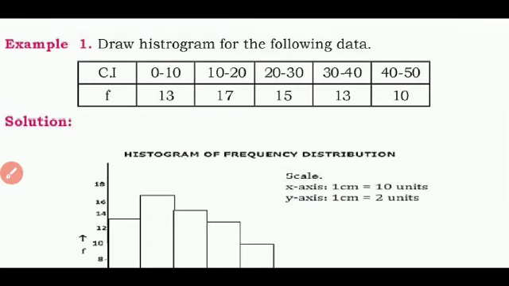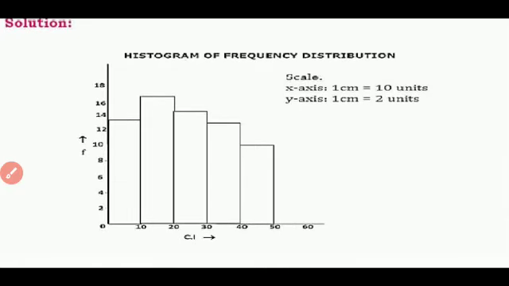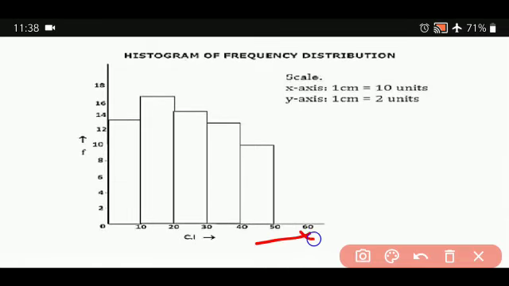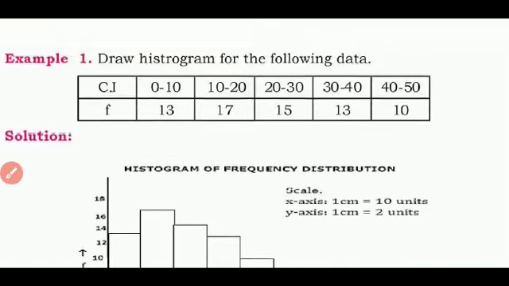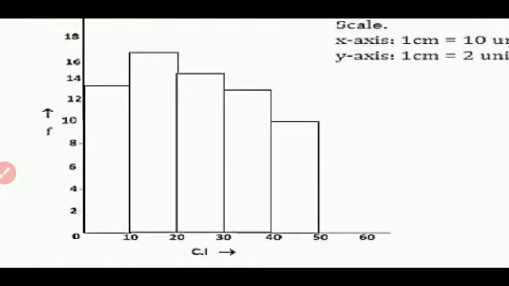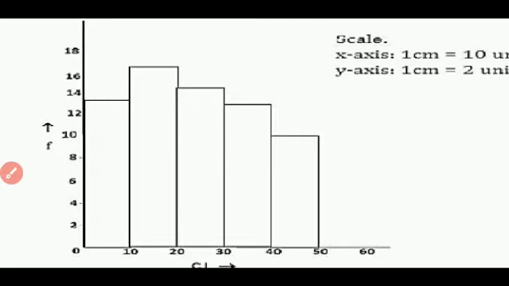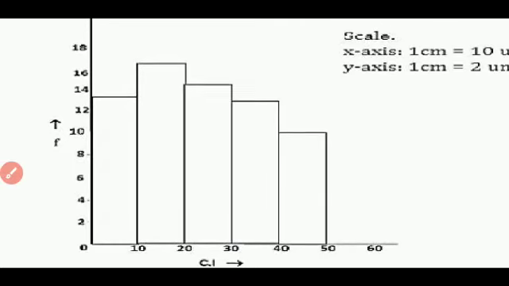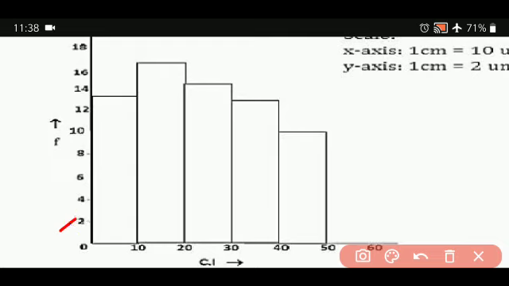You have to draw this on the graph sheet. This is your x-axis, you are representing your class intervals 0, 10, 20, 30, 40, 50 and 60. And for the frequencies, how is the scale taken? The highest frequency here is 17. So in this particular example they have taken it as 2, 4, 6, 8, 10, 12, 14, 16 and 18.